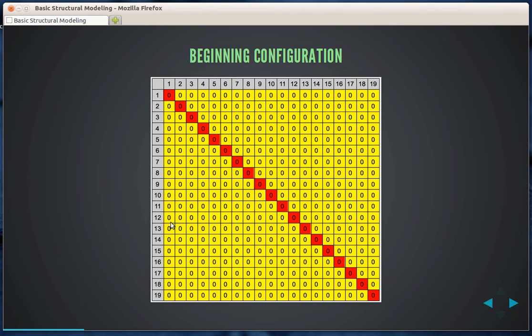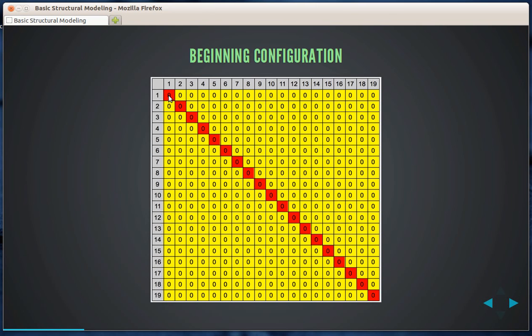The red background means false. So we have no empirical information about the cities, but we know as a matter of fact that all of the entries on the diagonal are false. So why is that? What this says is city 1 is north of city 1.